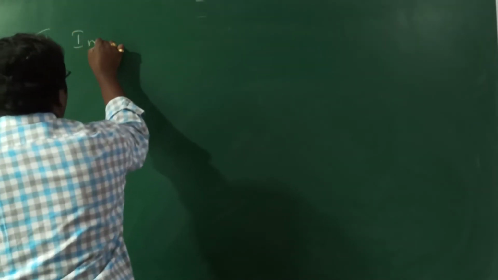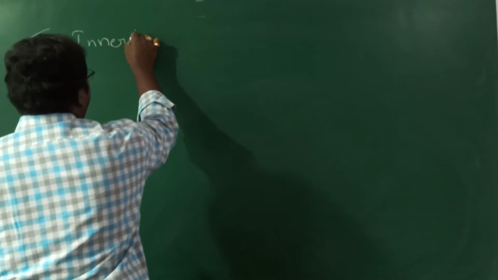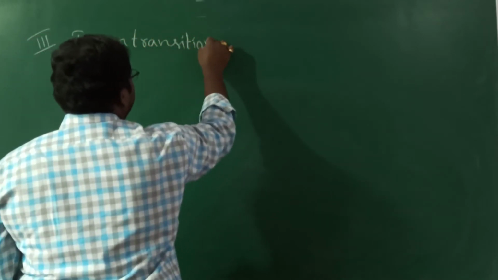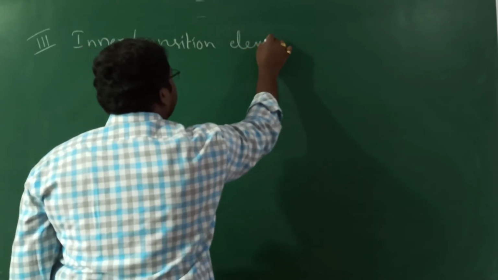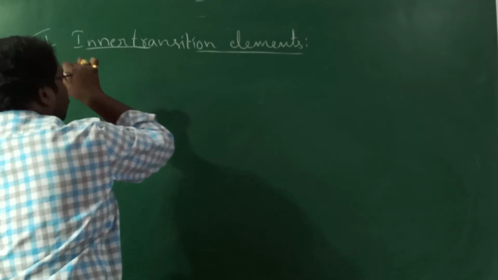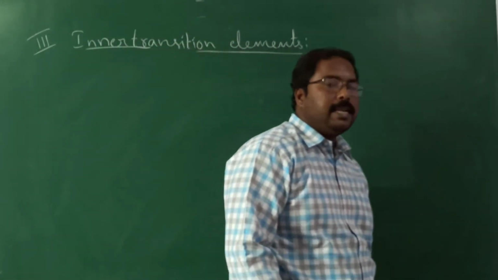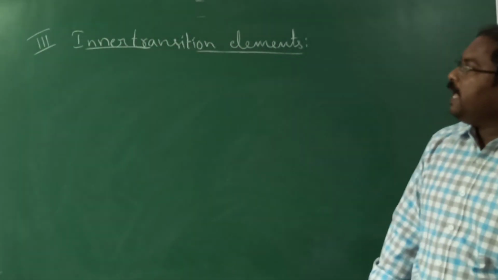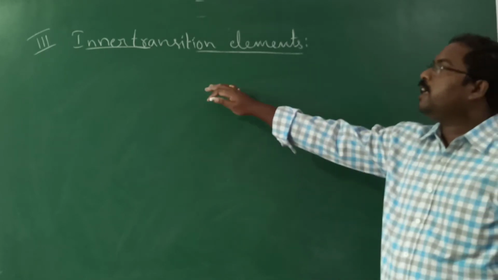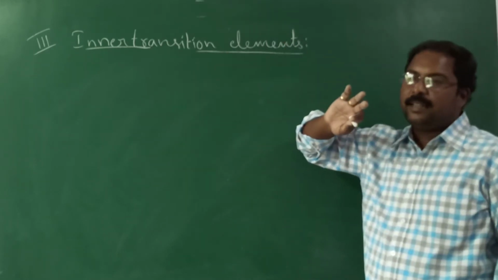Now coming to the next category, inner transition elements. Just now we discussed the transition elements. Now coming to the inner transition elements. First of all, what is meant by inner transition?